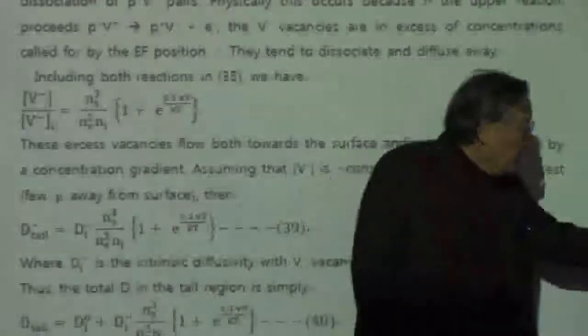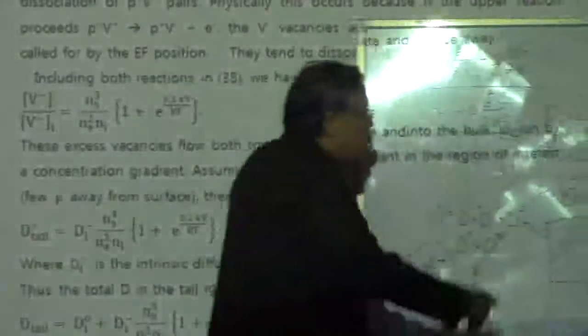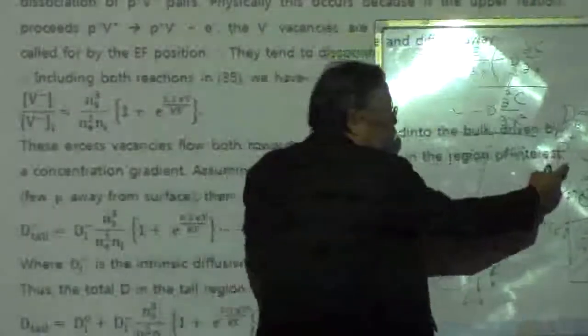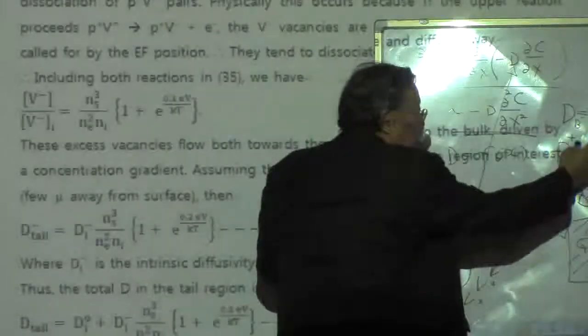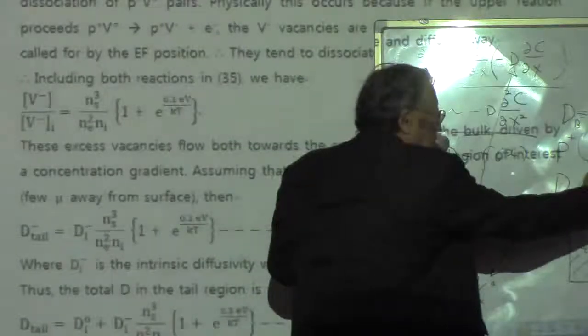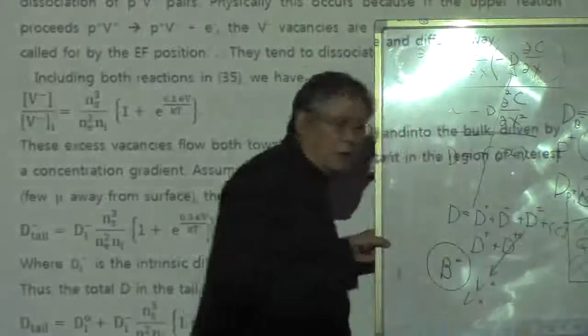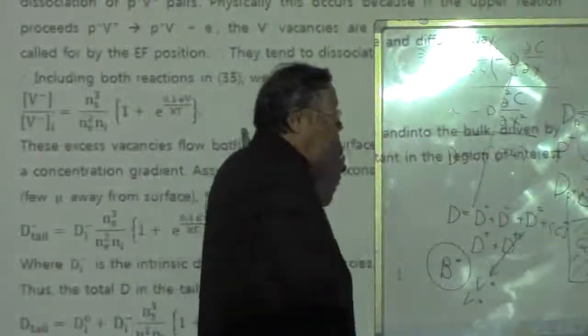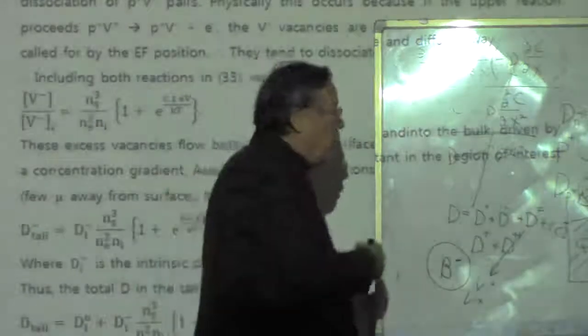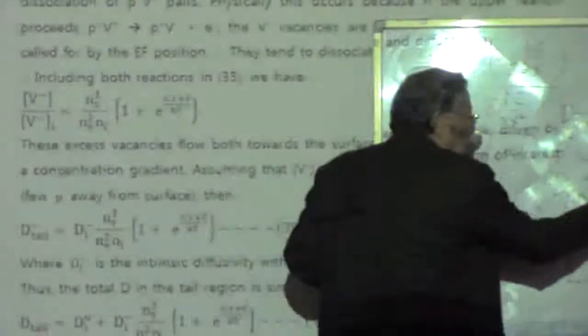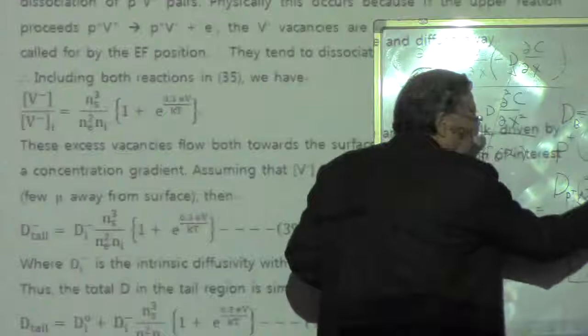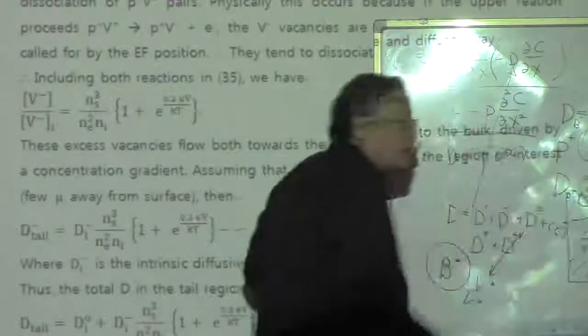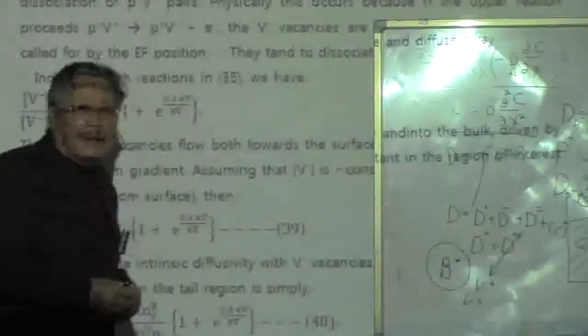In other words, P plus is going to be coupled with neutral, singly negatively charged and doubly negatively charged vacancies. Now, when this dissociation reaction happens, extra V minus comes from the V double minus vacancies.